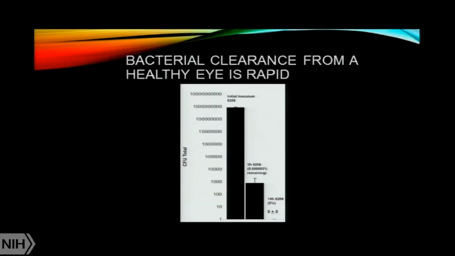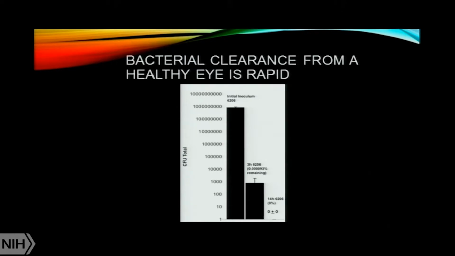Slide: bacterial clearance from a healthy eye is rapid. Chart showing bacteria levels at initial, 3, and 14 hours. The cornea is really good at fighting back. I'm going to start with the first superpower of the cornea.